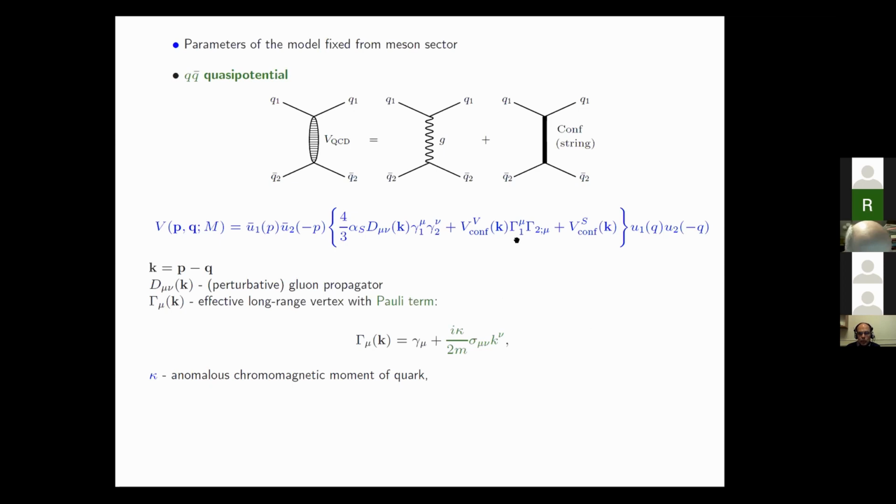Moreover, we assume that the vertex of the long-range vector interaction contains not only the Dirac part, but also the Pauli term. Here, u are Dirac bispinors, and here we have the Dirac matrices. Thus, this potential contains both spin-independent and spin-dependent relativistic contributions.